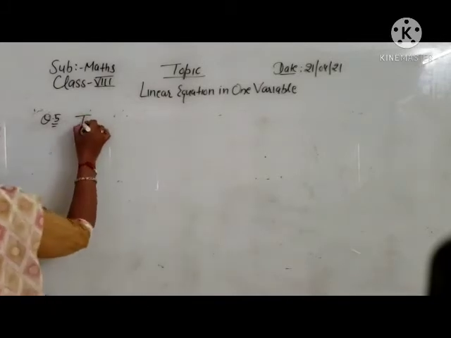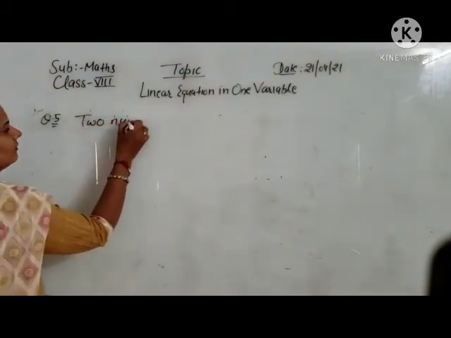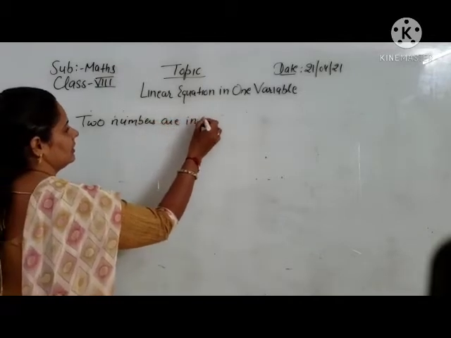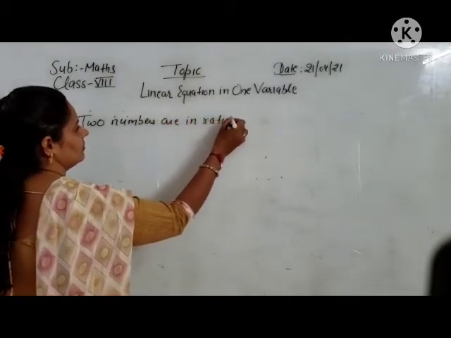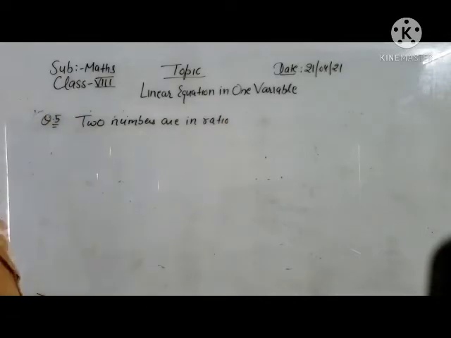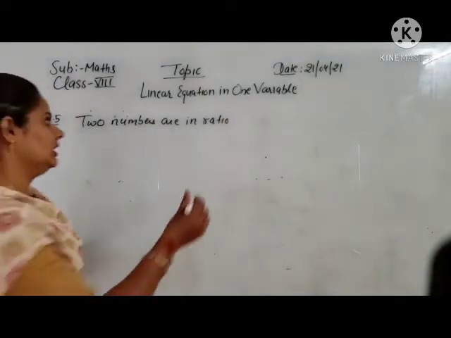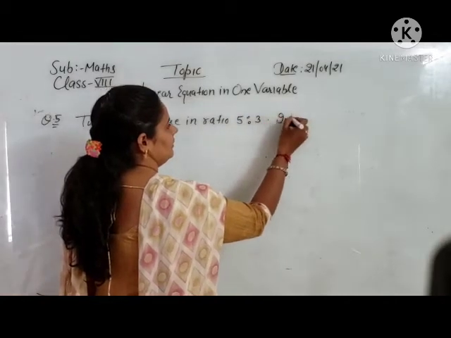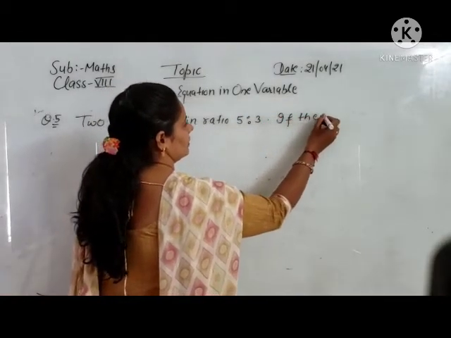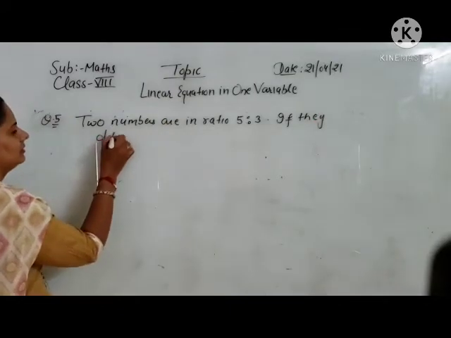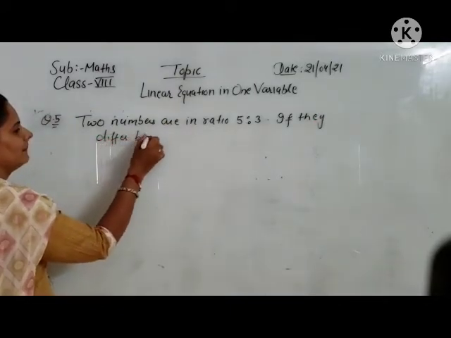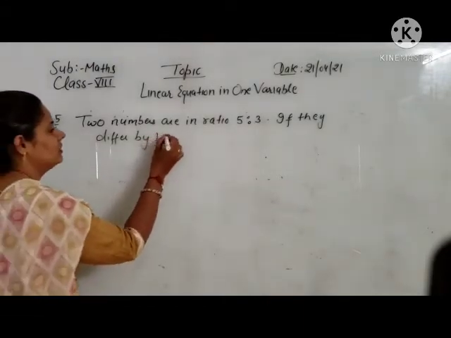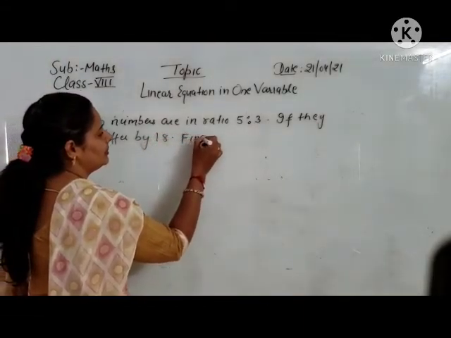What is given? Two numbers are in ratio 5:3. If they differ by 18, so find the numbers.